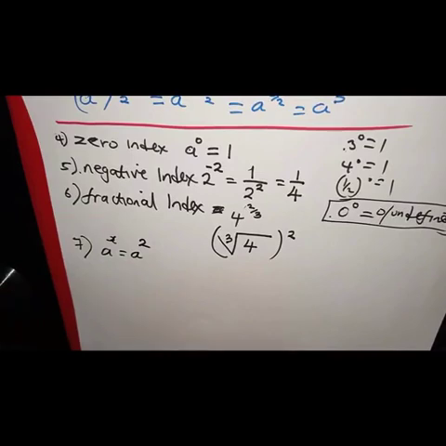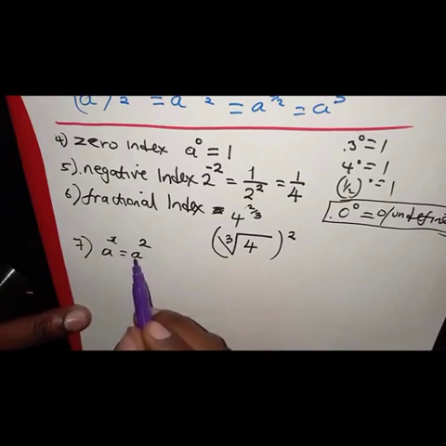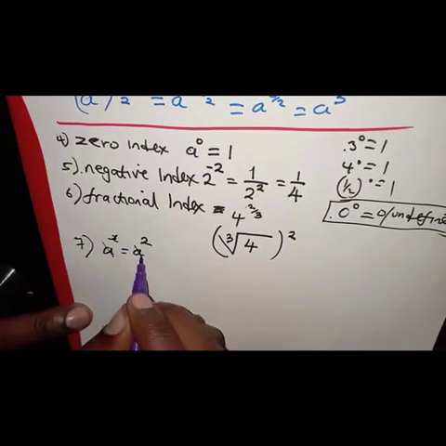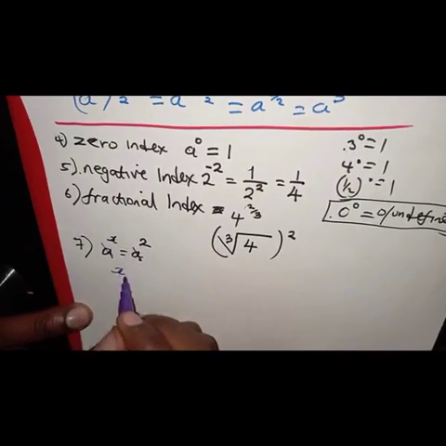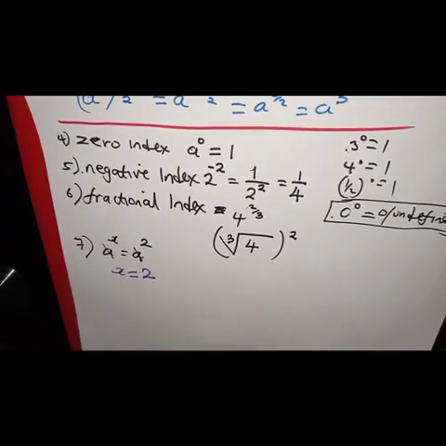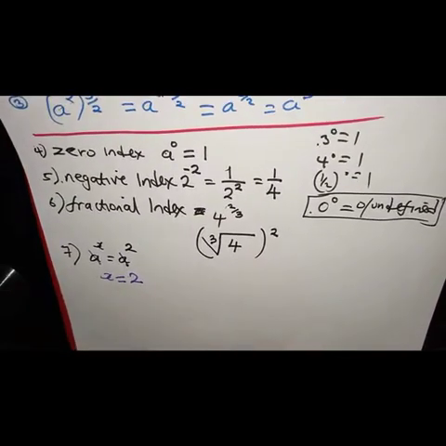Since they are the same bases and you are equating, there is an equal sign, you cancel these same bases, then you equate the powers. So the answer will be x is equal to 2. So this is how you're supposed to deal with indices. Very simple indeed.